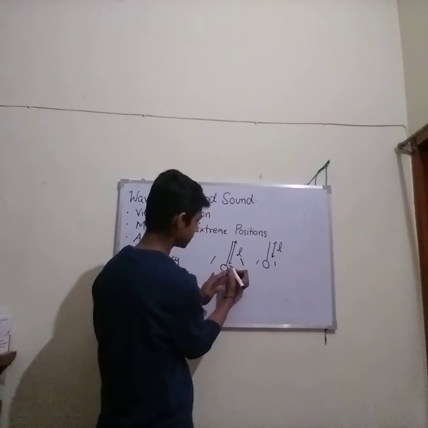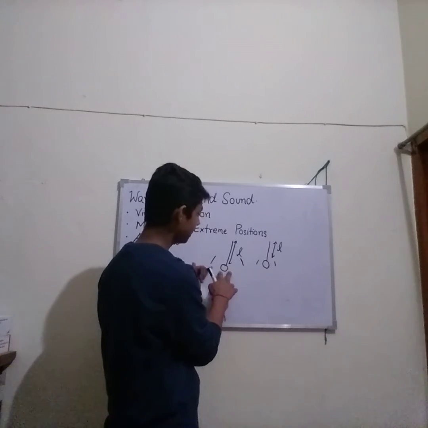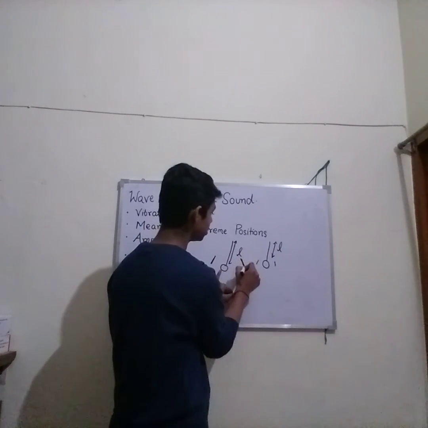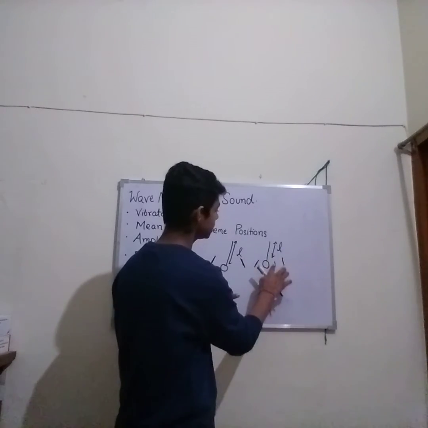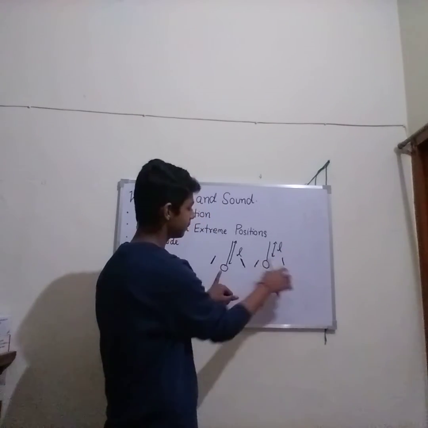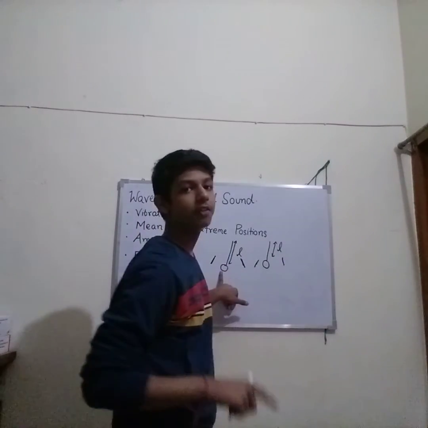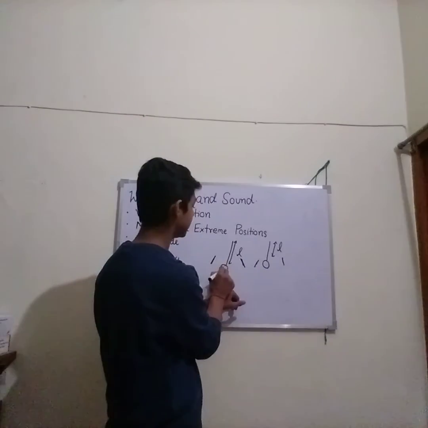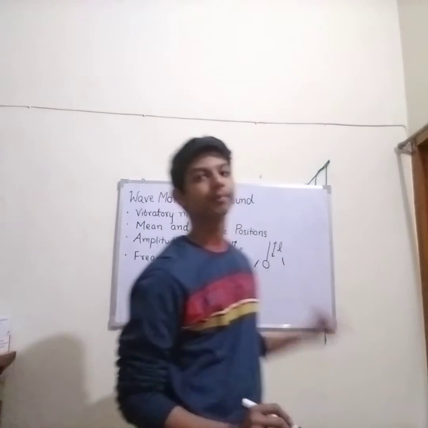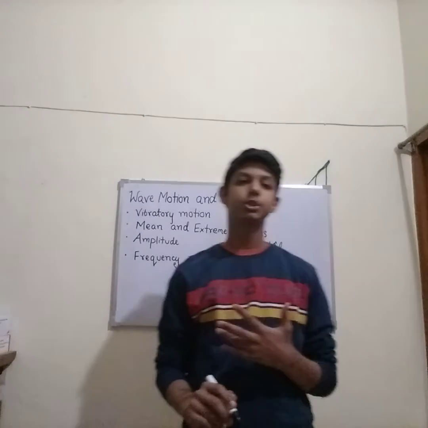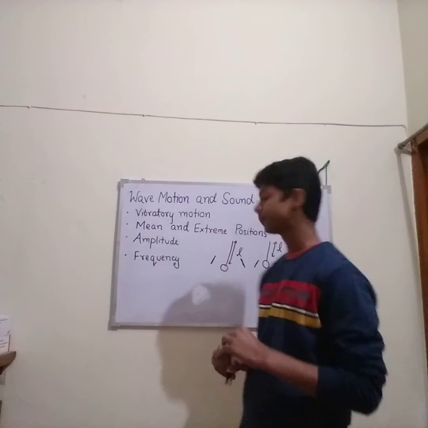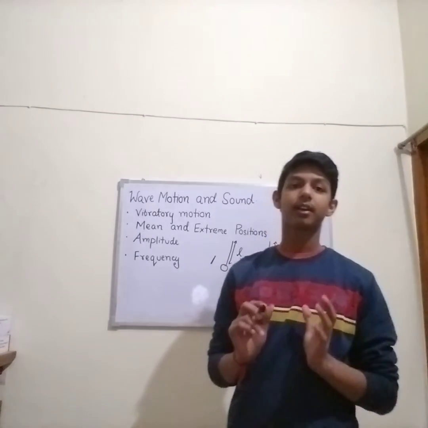Bob is this mass. Suppose these two amplitudes are similar. Then the time period of this simple pendulum will not depend upon the size, shape, density, and mass of this bob.